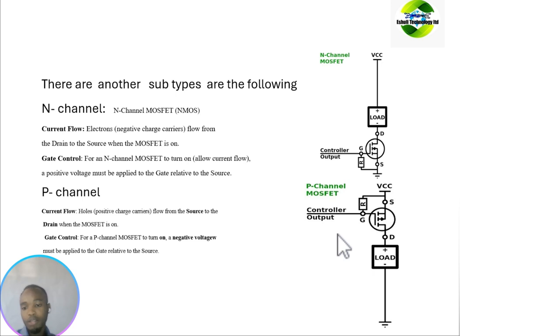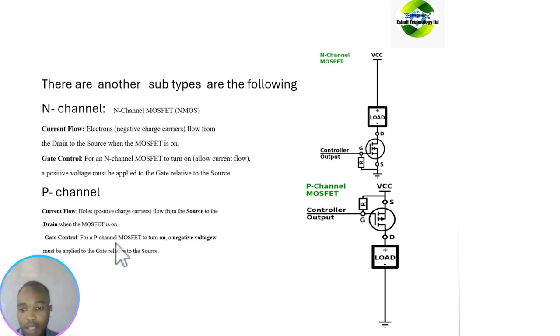It is different from the P channel, or positive channel. The current flows as positive charge from the source to the drain. Remember that for the N channel, the negative charge carriers flow from drain to source, but for the P channel, the positive charge flows from source to drain.